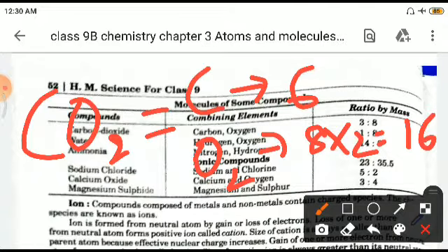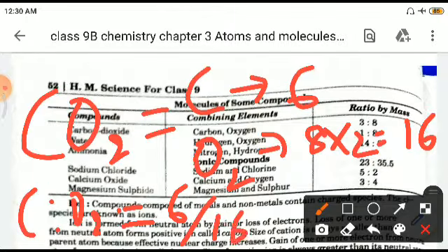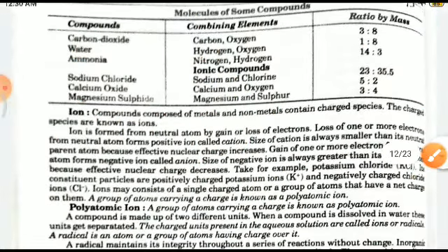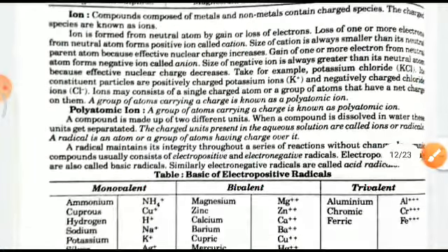Right? So, if we take the ratio between C and O, it will be 6 by 16. So 2 3s are 6 and 2 8s are 16. So the ratio is 3 is to 8. Right, 3 is to 8. Okay. This is how all of them are calculated.